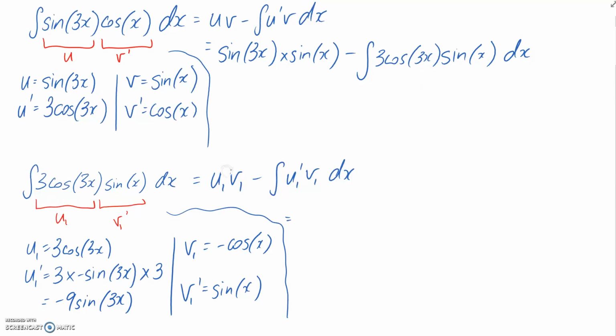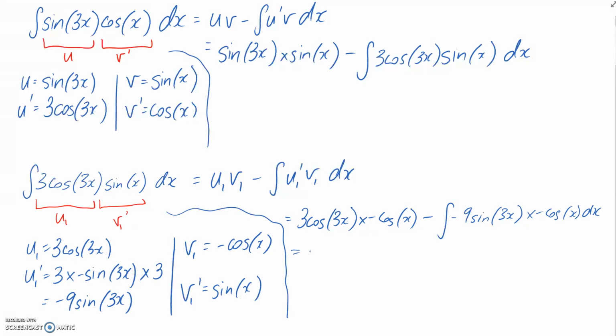So let's substitute into this equation. It's going to be 3 cos 3x multiplied by v1, which is negative cos of x, minus, and then u1 dash is negative 9 sine of 3x, and v1 here is negative cos of x dx.